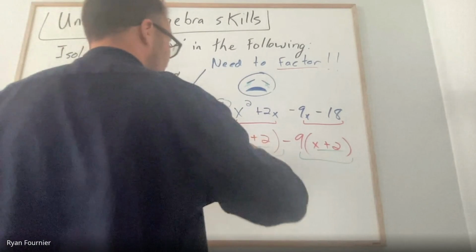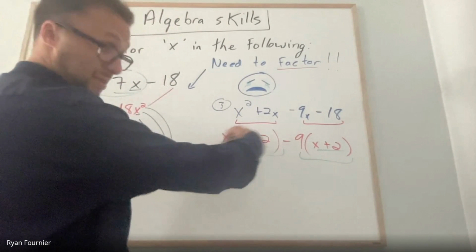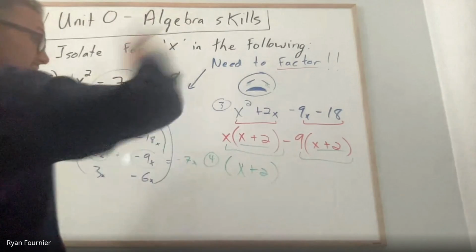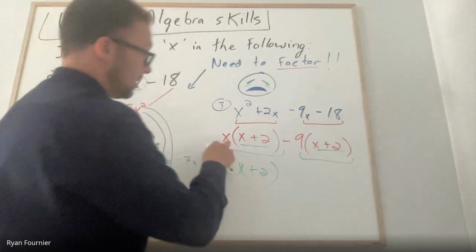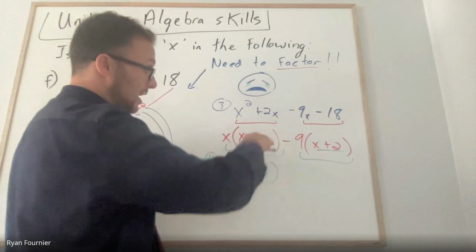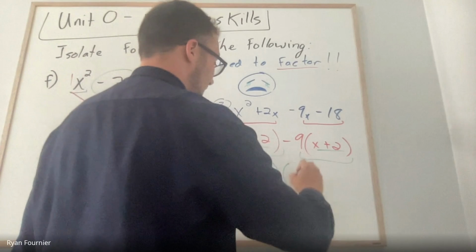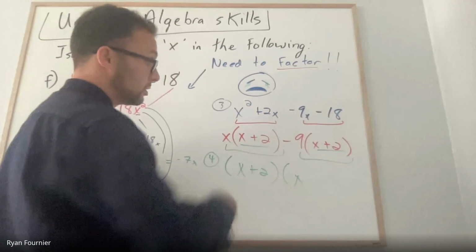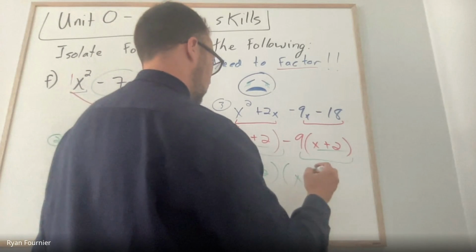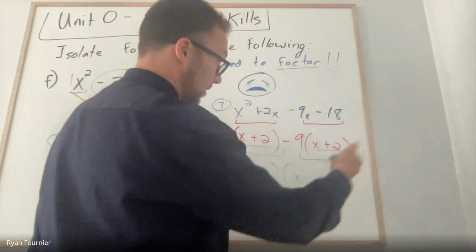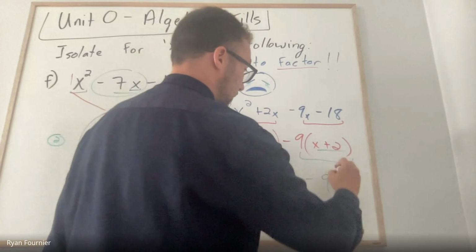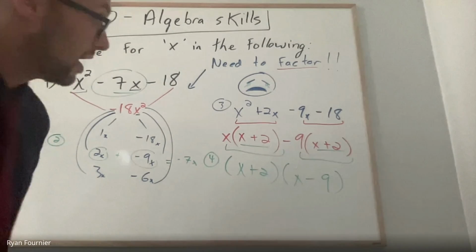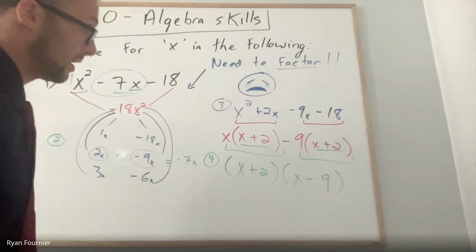If I factor x plus 2 out of each of these, which means I'm dividing by x plus 2, I'm pulling it out. Well, what's left? x times x plus 2 divided by x plus 2, I'm left with x. And negative 9 bracket x plus 2 divided by x plus 2, then I'm left with negative 9. So now I got two factors, x plus 2 and x minus 9.